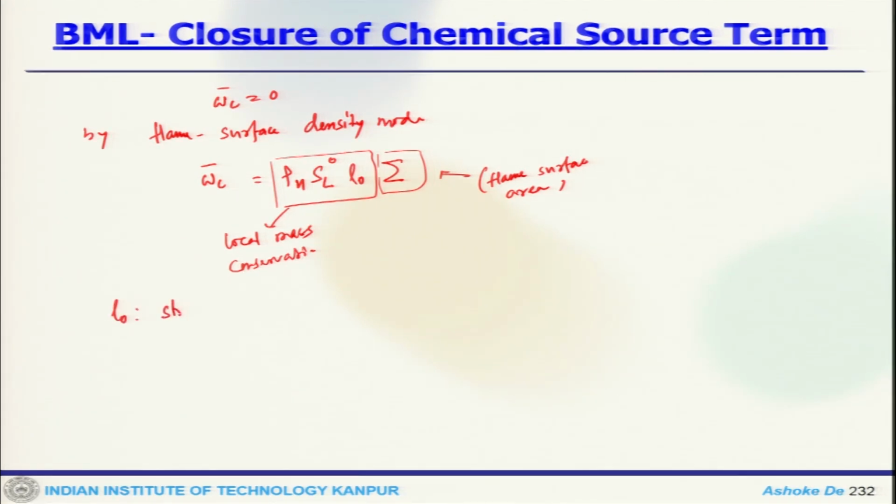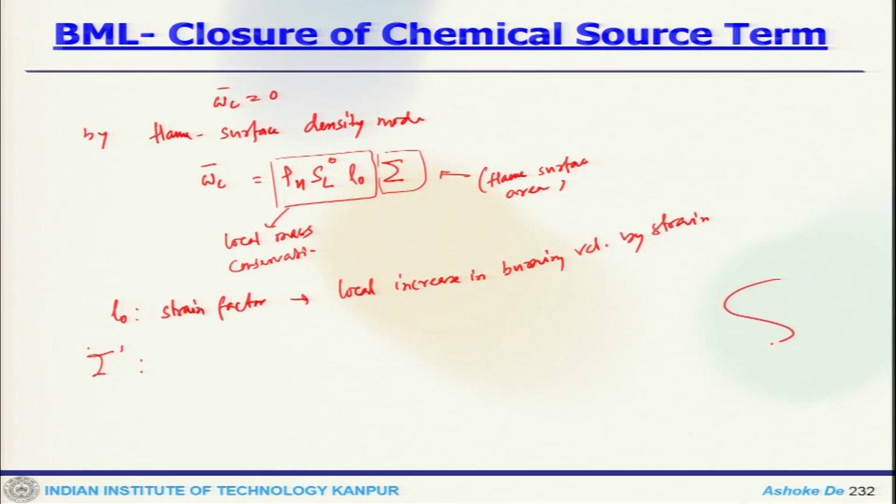I_0 is our strain factor, so there is always a local increase in burning velocity by strain. Now for the flame surface density sigma, there is an algebraic model. This is a local mass conservation.